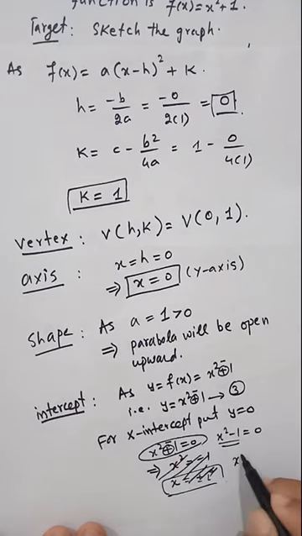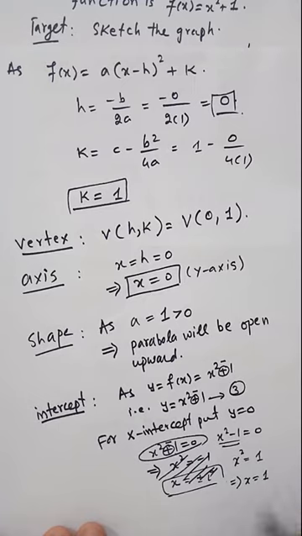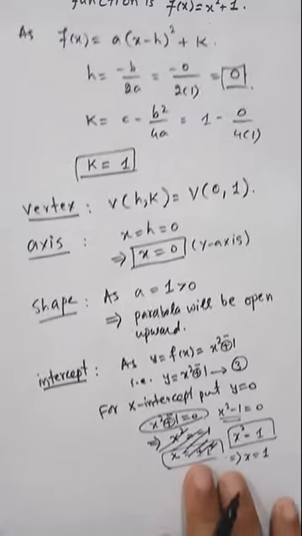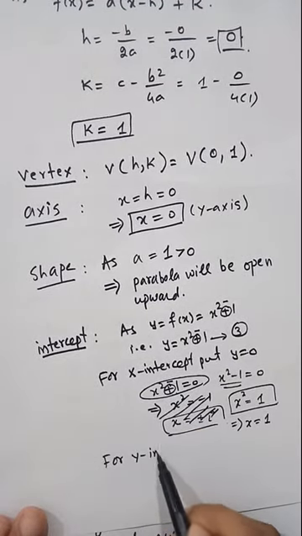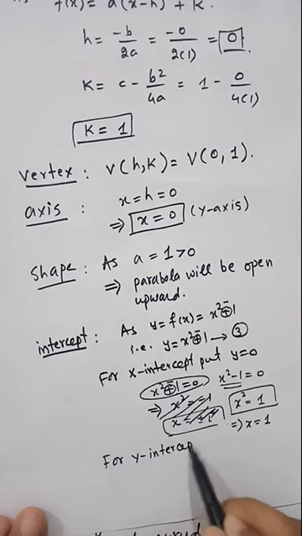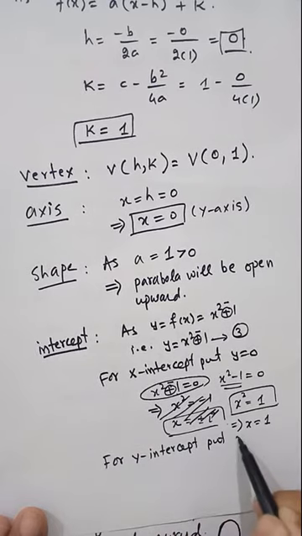So x square is equal to 1, so this implies that x is equal to 1, taking square root on both sides. But now this is a quadratic, so it means that 2 times x is equal to 1 and 1. And next, for y-intercept, put x is equal to 0.